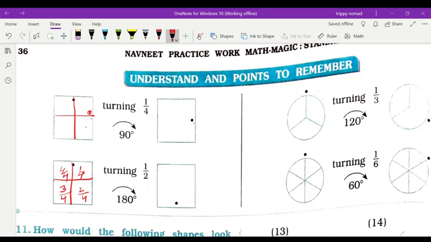If any object or dot has to move half part, 2 ones are 2, 2 twos are 4, so this is half part. So that time the dot will come here. Okay, understood? So we have to draw here.